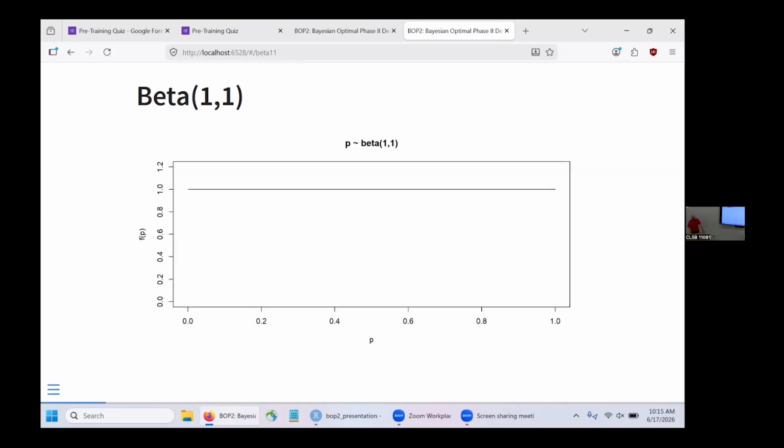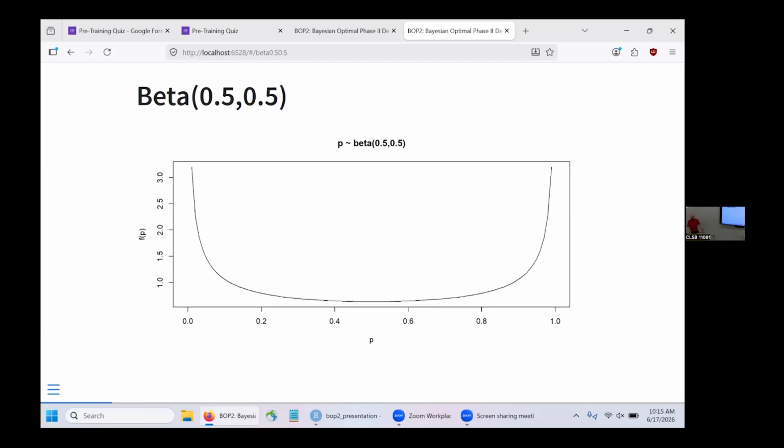Here's a beta 1,1. It's just a uniform. So the uniform is a version of the beta. Here's the beta 0.5, 0.5. You can see, the x-axis is running from 0 to 1. Obviously, our P as a probability has to be between 0 and 1. On the y-axis, we have the PDF, the density function.